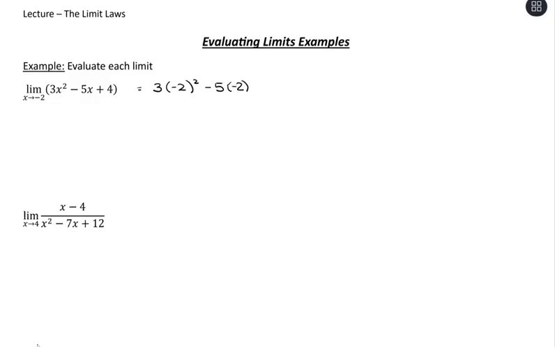So this is what it looks like with direct substitution. And then we just simplify down. We're going to have a 12 plus a 10, so 22 plus 4, so a 26. So our limit can be found with just direct substitution, not running into any issues there.